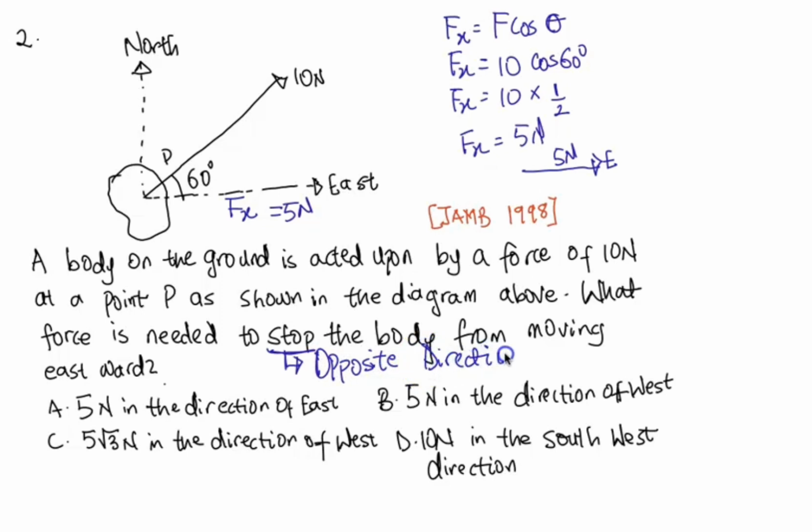So since the force towards this is 5 Newton, to counter it or to stop it, we are going to apply a force of 5 Newton, but in this case towards the west. So our answer to this question is 5 Newton in the direction of west. So this leaves us with option P.